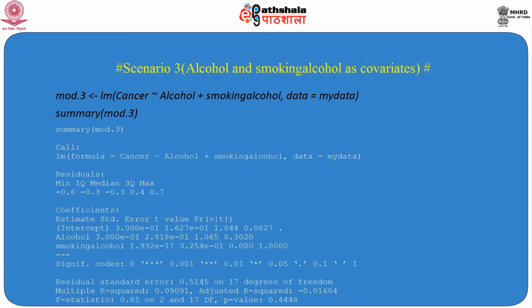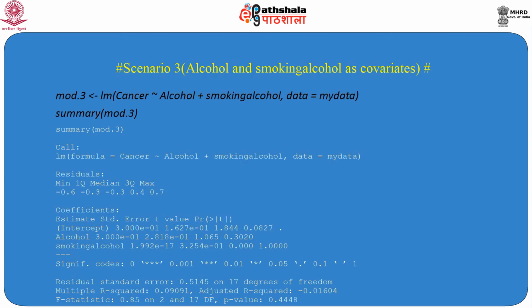Standard error is also very small, 0.1627. T value is 1.84 and the p value is 0.08, whereas alcohol again has the same regression coefficient value, and smoking with alcohol has a very small value. However, this value is not significant, so again smoking and alcohol do not have any contribution.